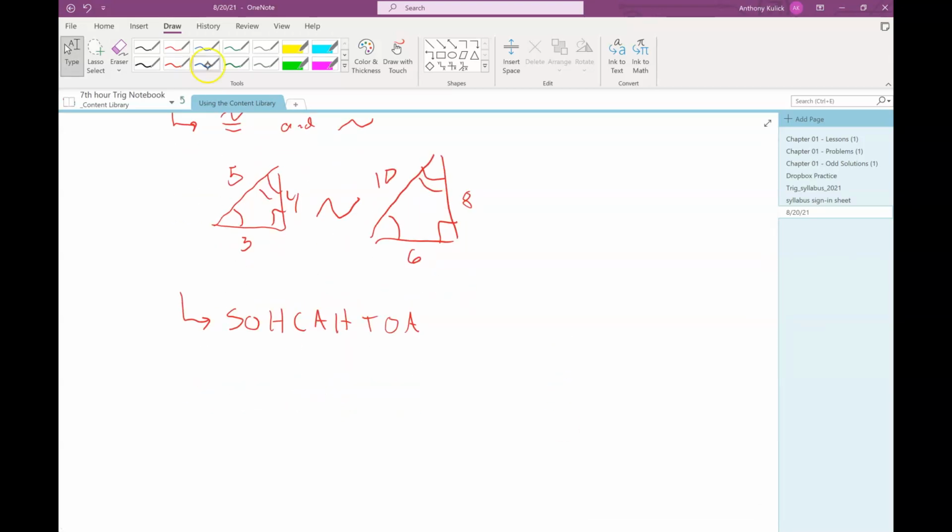So what SOHCAHTOA, or how we define sine, cosine, and tangent in our geometry class is, okay, we said we had a right triangle.